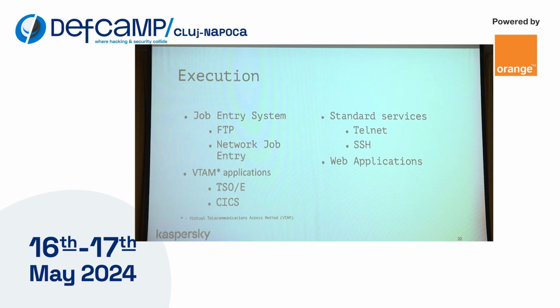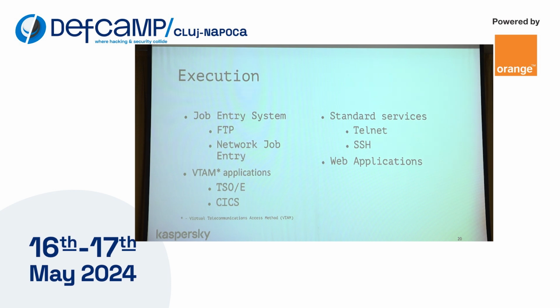The next thing is abusing or managing applications or resource managers of the mainframe via VTAM. VTAM is the Virtual Telecommunications Access Method. It allows you to communicate with the mainframe's applications over the network, for example, TSO, the Time Sharing Option resource manager, or an application like CICS.